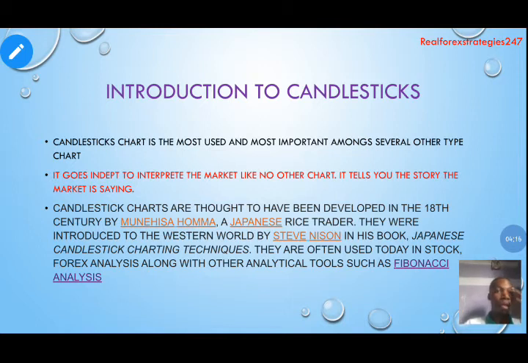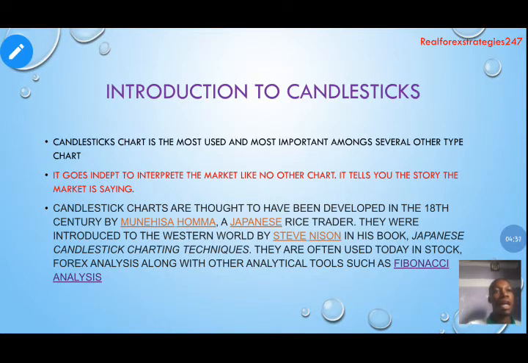What Steve Nison did was to research this Japanese candlestick chart, and he wrote a book about it, and he introduced this type of chart to the Western world, which has now become the most popular type of chart in the world right now.